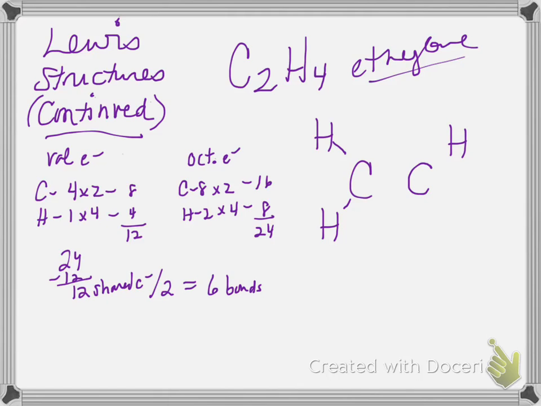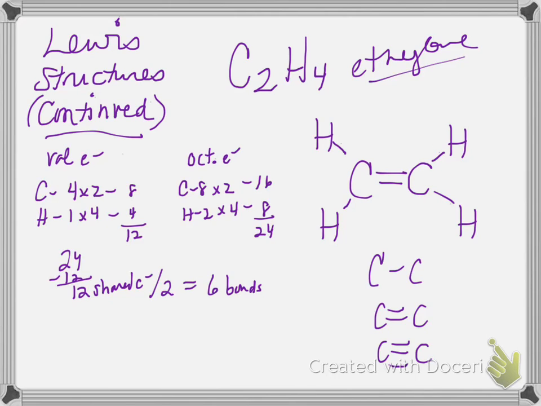Well, we know that this carbon can also accept 2 hydrogens. Now we've got 1, 2, 3, 4 bonds. We have 2 left. We only have one option. There must be 2 bonds between the carbons. And in fact, that's the case. Ethylene has a double bond right in the middle. Carbon is famous for bonding to itself 1, 2, and even up to 3 times.